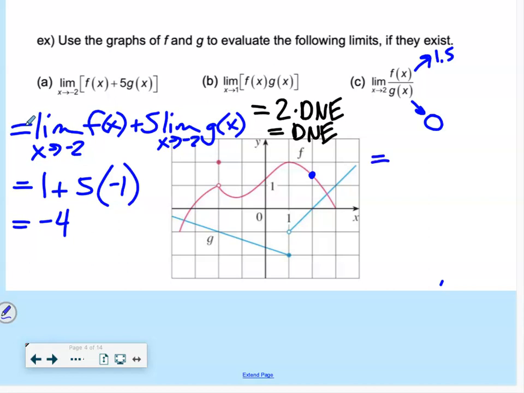So we're going to do the limit as x approaches 2 from the right of f over g. I'm going to move this out of the way a little bit.